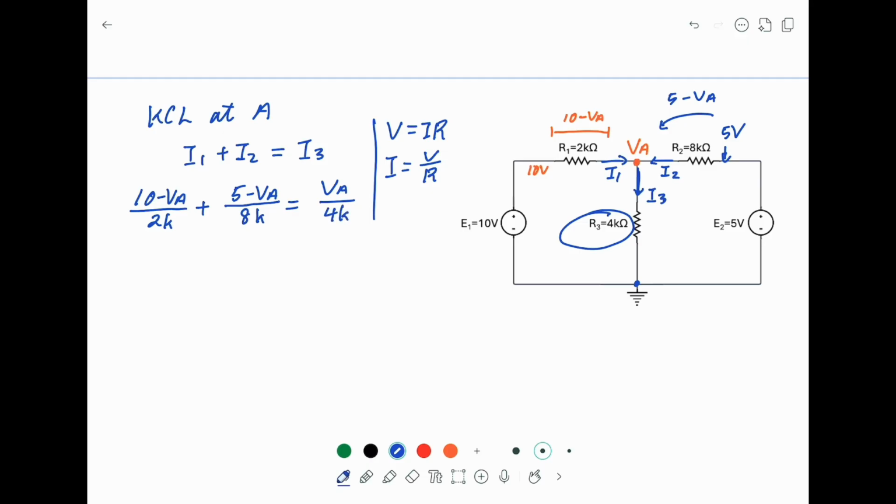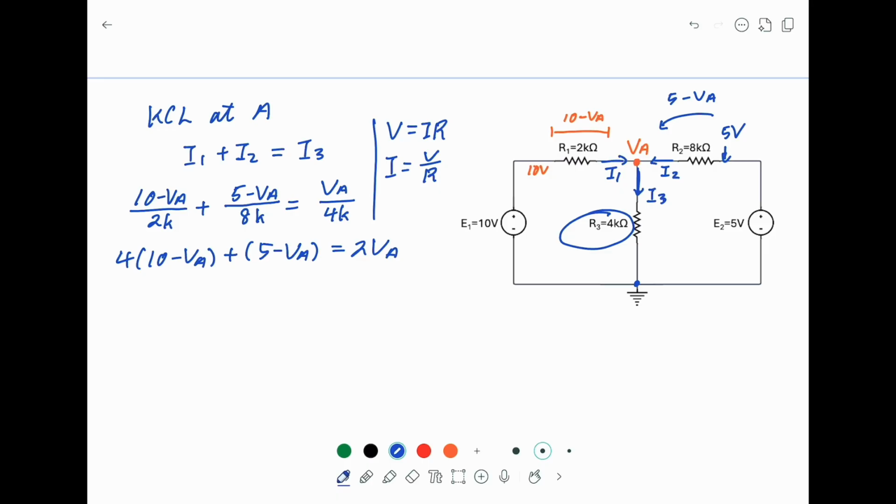The next part is to find the common denominator, solve the equation and find VA. So we can multiply both sides by 8K. So this becomes 4(10 minus VA) plus (5 minus VA), and this becomes 2VA.